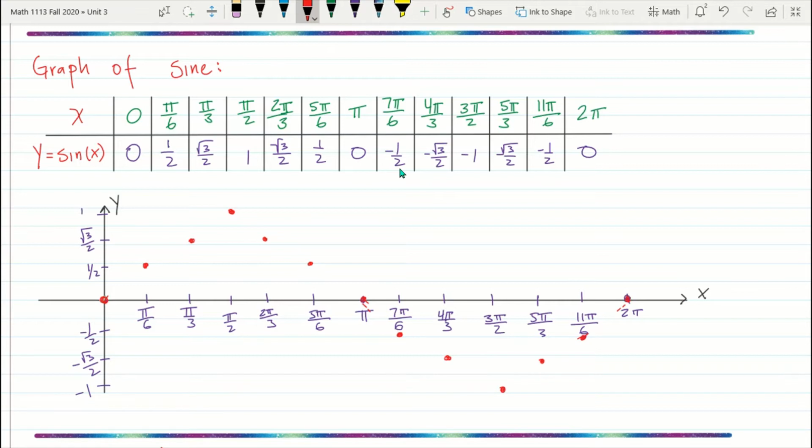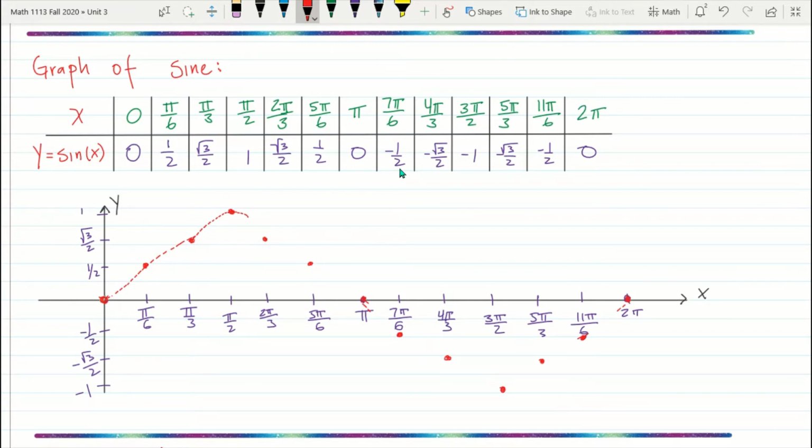Okay, so let's see if we can make this kind of curvy, since it's supposed to be a little curvy wave, not so sharp.